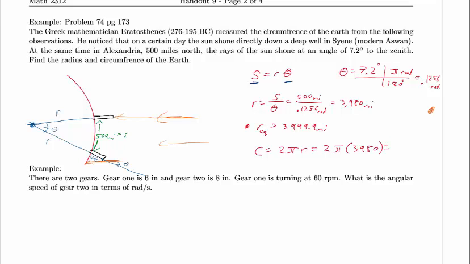Of course, the actual number's not going to be too far off, which is about 25,000 miles. Note that I'm not writing all the numbers out because we only have two significant figures here. So there we have it, 25,000 miles, and that is an astonishingly good estimate.